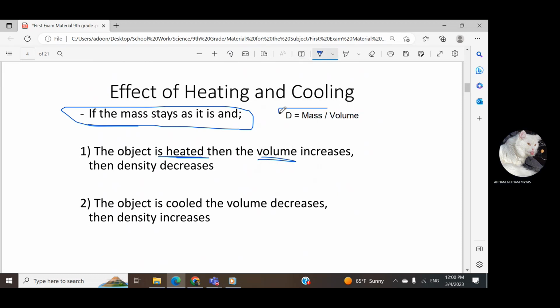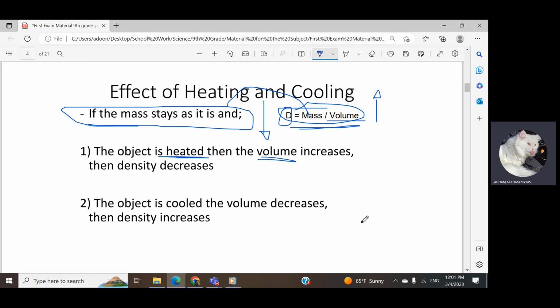Now, if the volume increases and it is in the denominator of this equation, what will happen to the density? The density will decrease. They are inversely proportional, an inverse relationship between the volume and the density here. And we are talking about a fixed mass for the material.